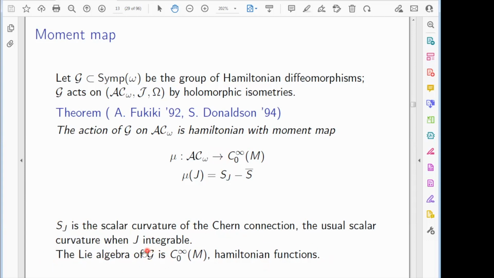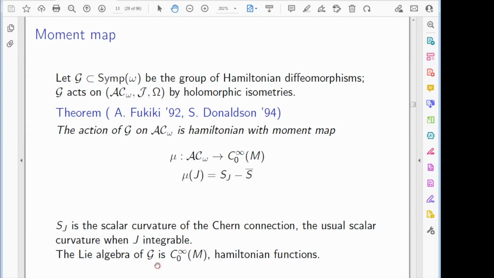So the Lie algebra of the Hamiltonian group: you can consider all Hamiltonian vector fields, but using some symplectic geometry, you can consider all smooth functions, normalized to have zero mean.